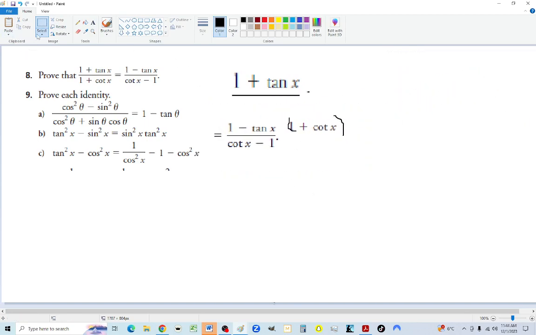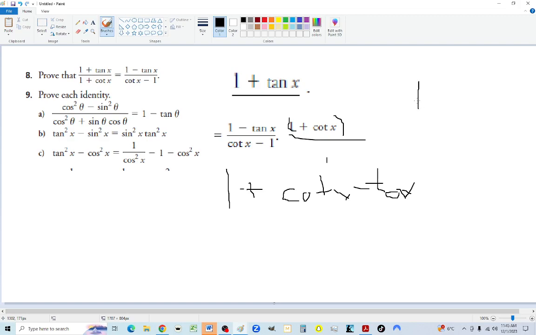Okay. Since this is over 1, we don't have to worry about the bottom. 1 times 1 is 1. 1 times cot x is cot x. Minus tan x times 1 is minus tan x. And finally, the most interesting one, minus tan x times cot x.